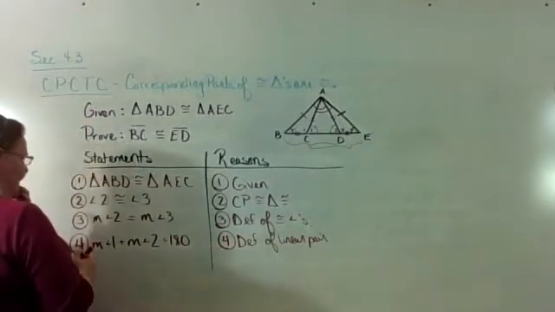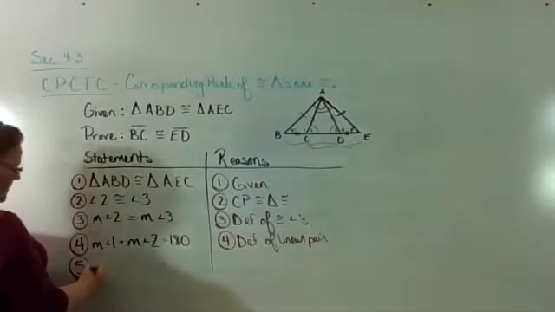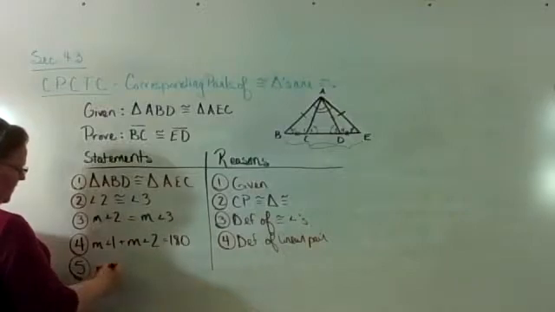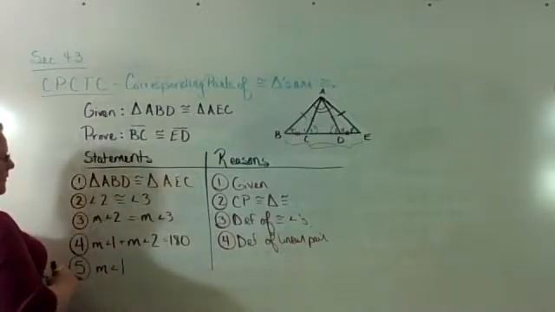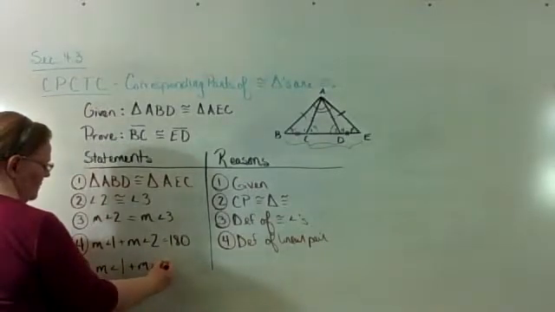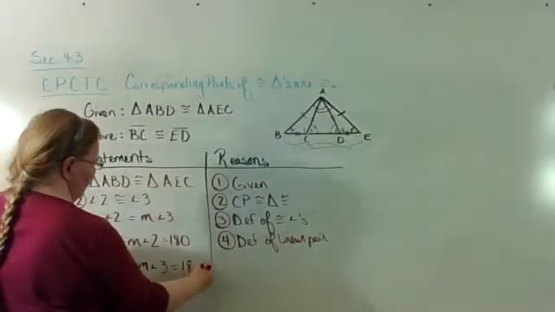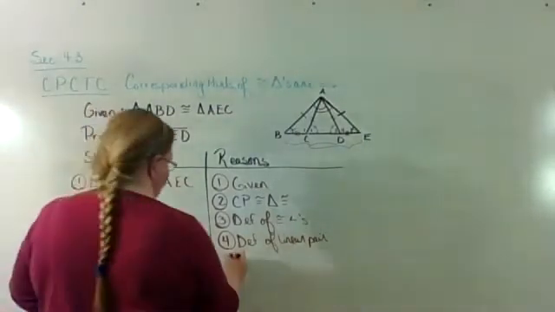So that means that the measure of angle 1 plus the measure of angle 3 equal 180. That's by substitution.